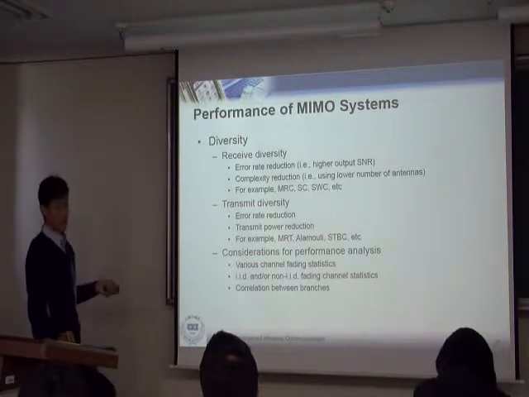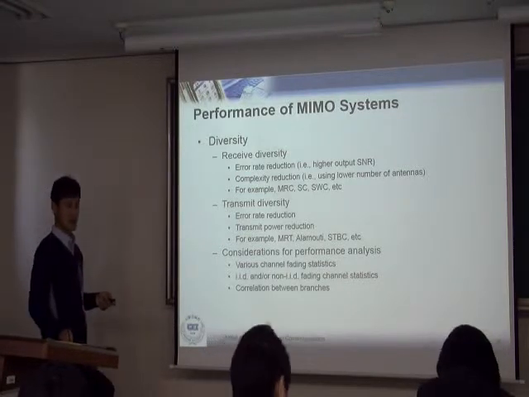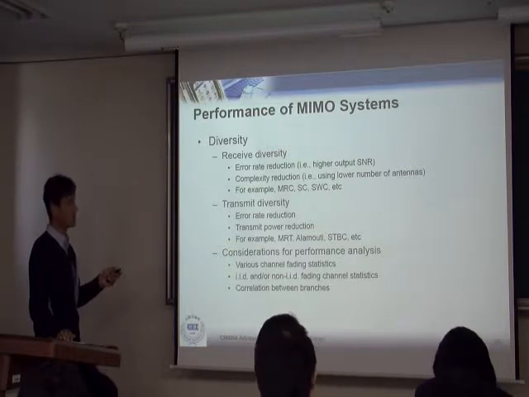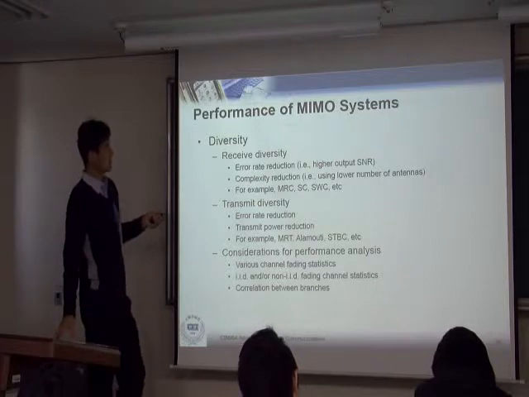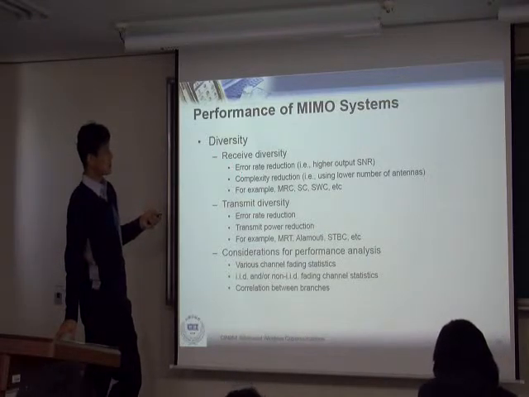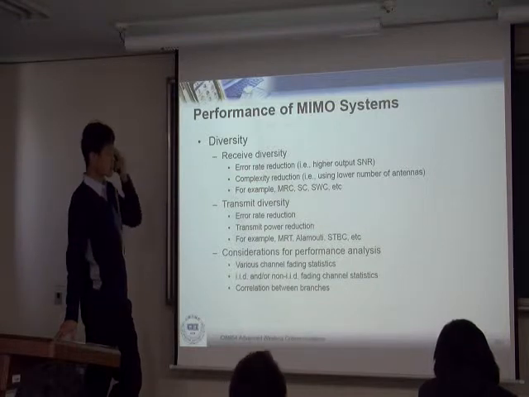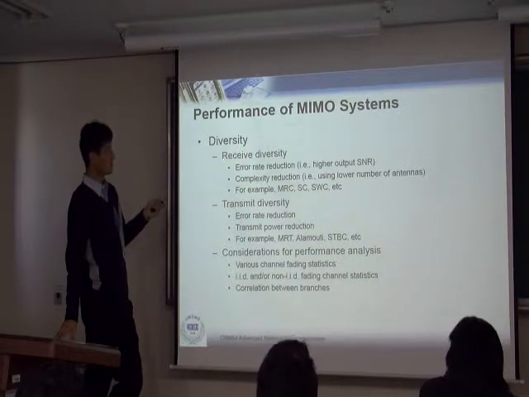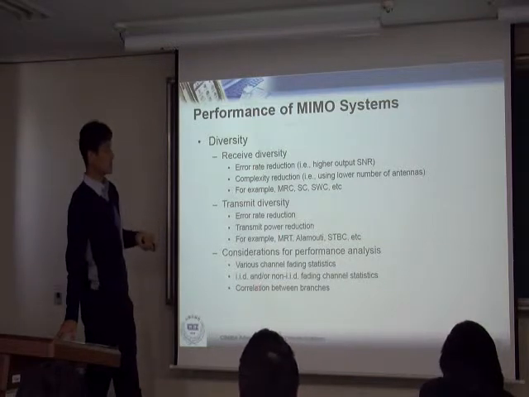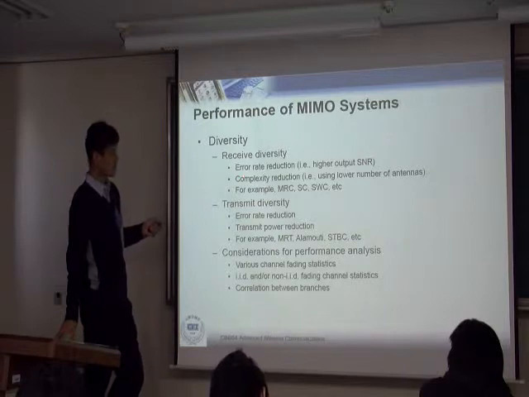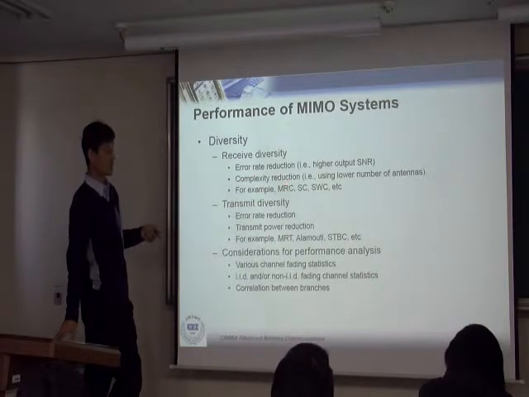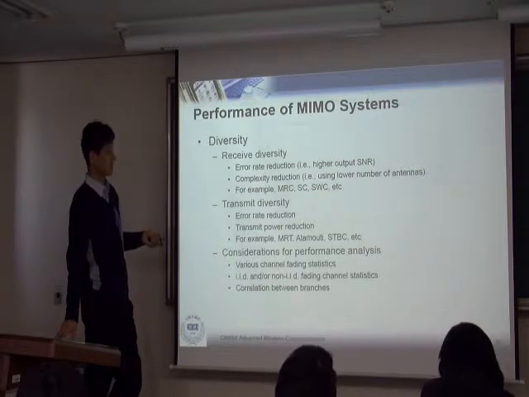And that was the capacity. If you focus on the bit error rate as your performance metric, then we can think about some other things. For example, in receiver diversity, what you want to do is error rate reduction, because we choose diversity to try to minimize the bit error rate. So in this case, bit error rate is our focus. At the same time, if complexity reduction is possible, then it's better.